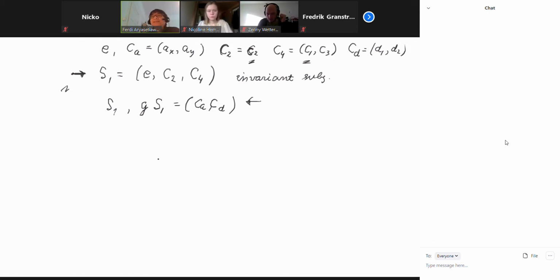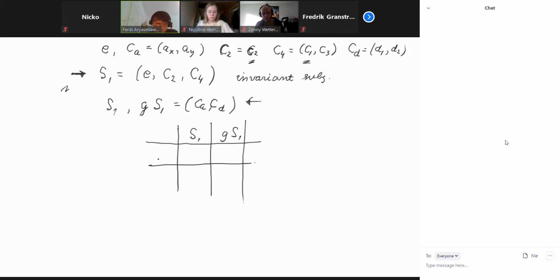Okay, yeah, good. So now we can construct the factor group, the multiplication table of the factor group. So this is just S1 and GS1, if you like. It's very simple because it just has two elements.